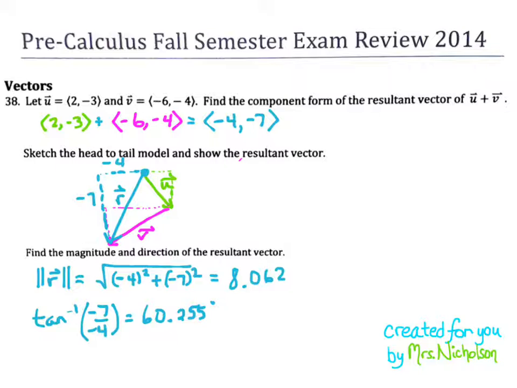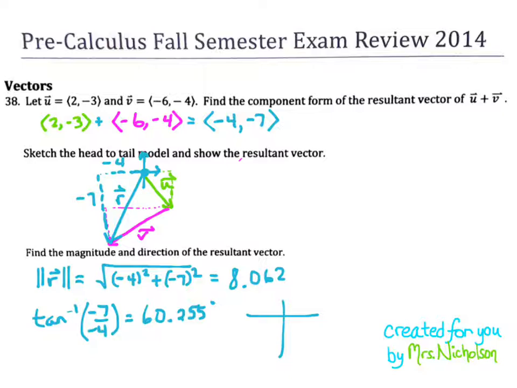Now 60.255, that's a positive angle. That would be an angle in quadrant 1. But notice if you look at our resultant vector in our drawing above, it's really going into quadrant 3. If I draw a little axis at the starting point there, this is going into quadrant 3. And so I need to figure out my direction.